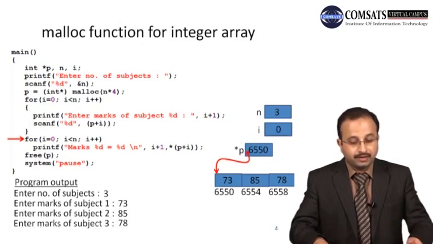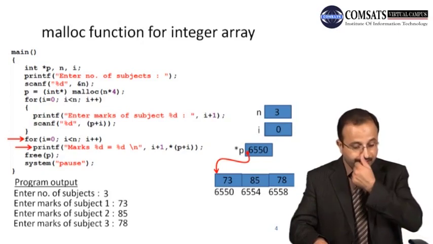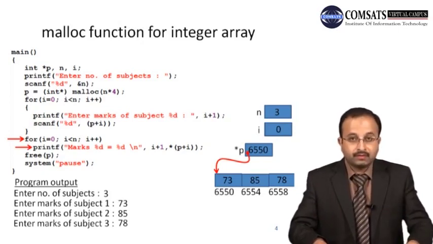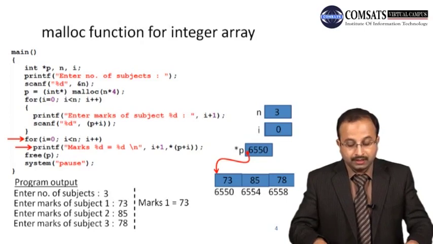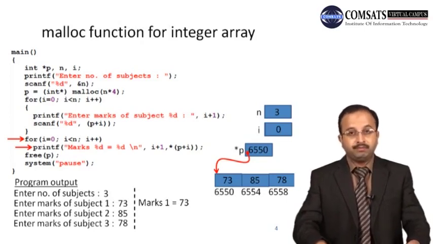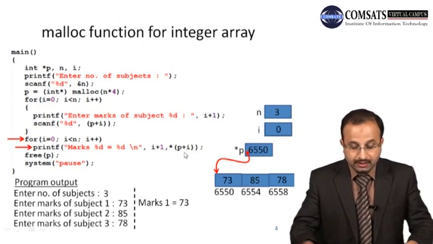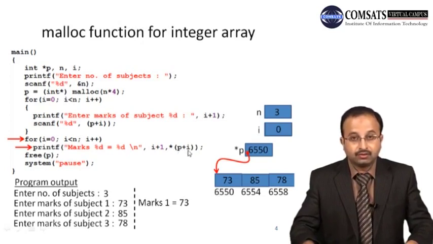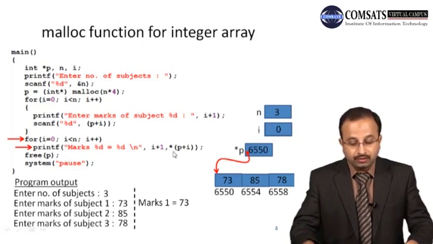Now it starts printing the values. It executes the printf statement. Now the message that will be displayed is marks I plus 1, 0 plus 1, marks 1 is equal to 73, that is *(p+I). Now the value at address p plus I: p plus 0, p is 6550, plus 0 is 6550, and you have a star with it, so the value at address 6550, and that value is 73.